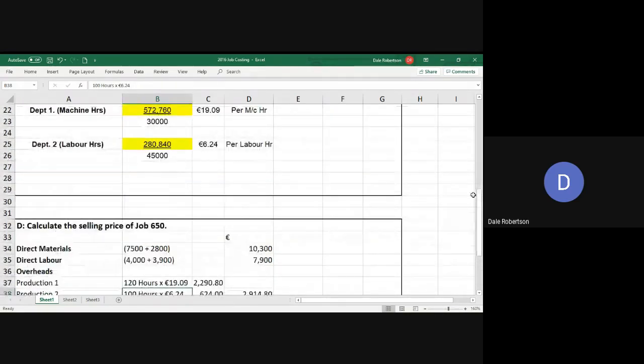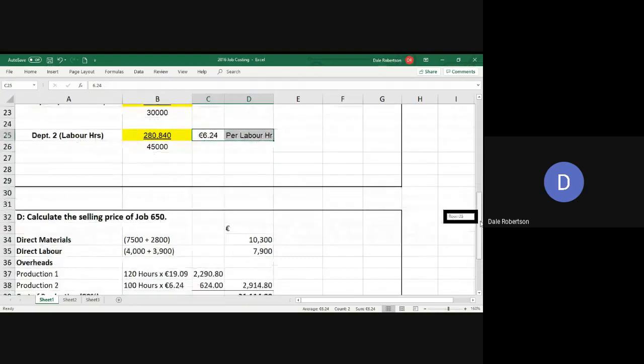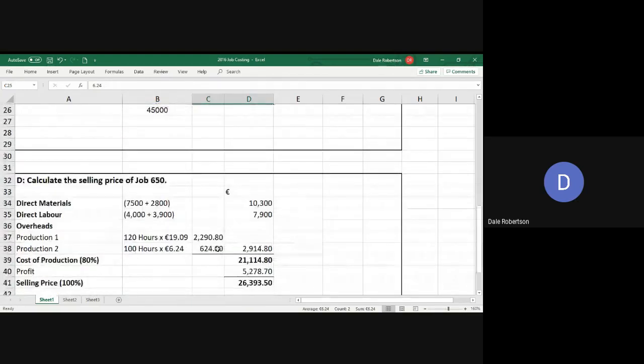And then you take production department 2, and we know that this is a labor hour dominant department. The rate we've worked out ourselves to be €6.24 per labor hour. So you take that 6.24 and you multiply that by the labor hours for department 2, which are 100. That's how long this job, 650, spends in the production department 2.